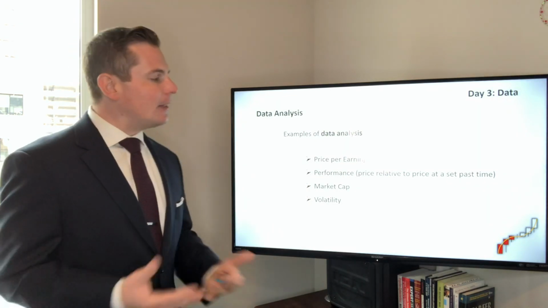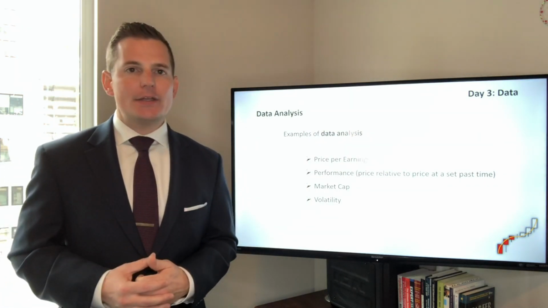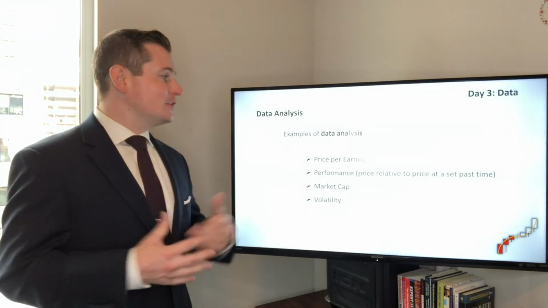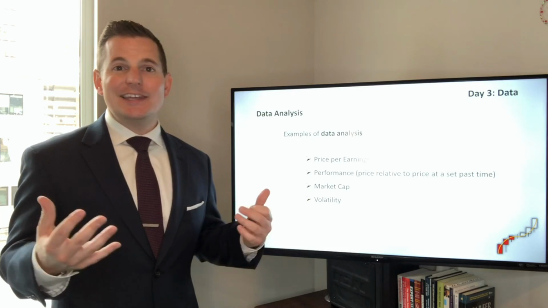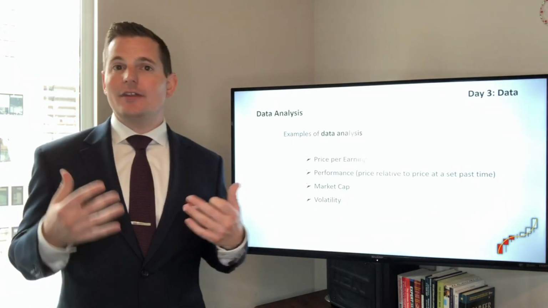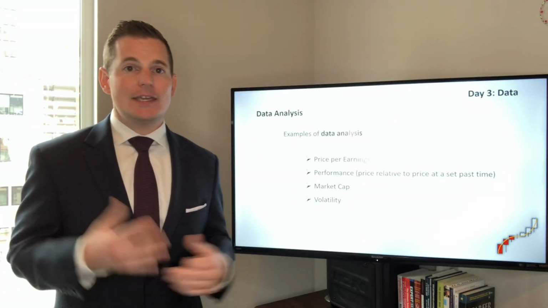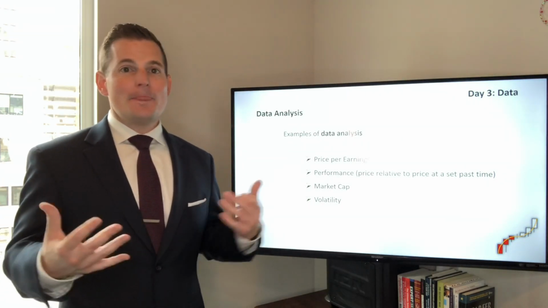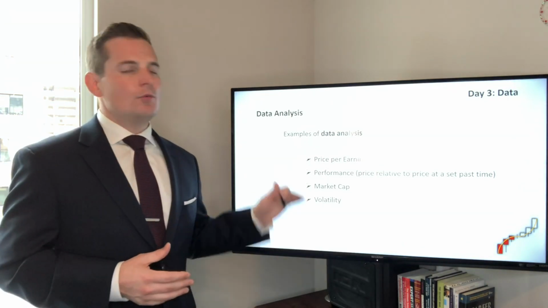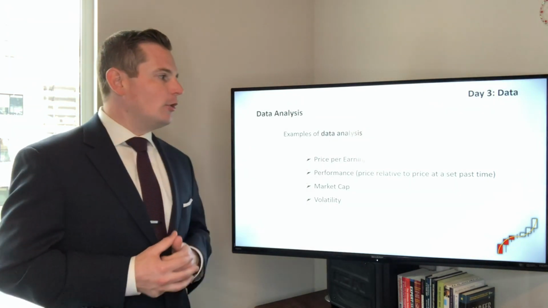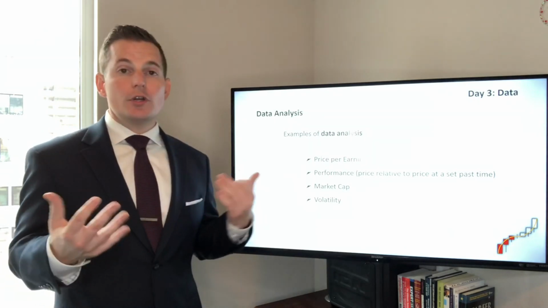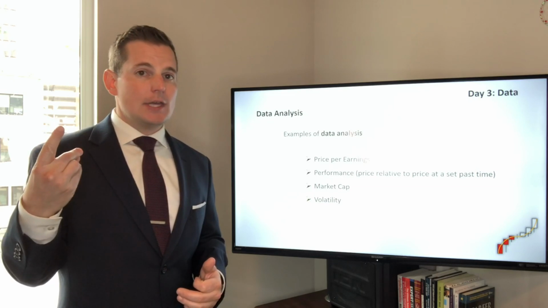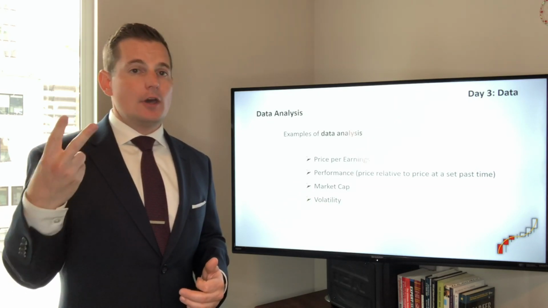So some examples of data analysis would be the price per earnings. Maybe you've heard of this fundamental indicator, right? Everybody talks about how expensive a stock is, how it's trading at 100 times earnings, right? We're going to get into what each of these mean and where to find them all. But just know that price per earnings is based on two numbers: the price of the stock and the earnings of the company.